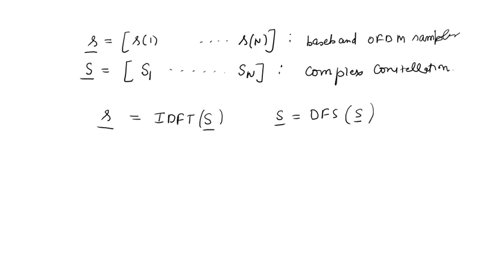So let us quickly see how the block diagram of OFDM looks like. These are the data bits. First we convert the data bits to constellation points, right? So data to constellation mapping.